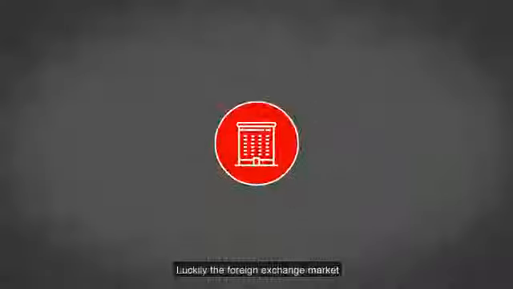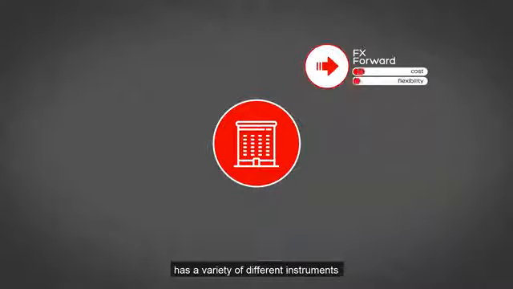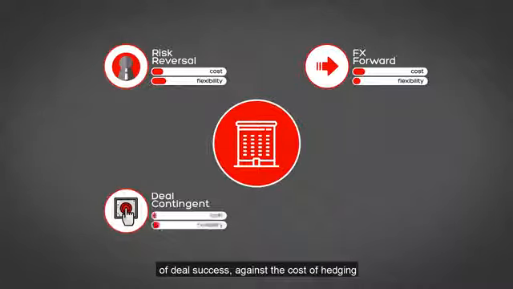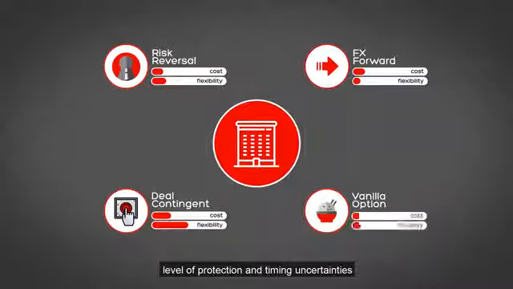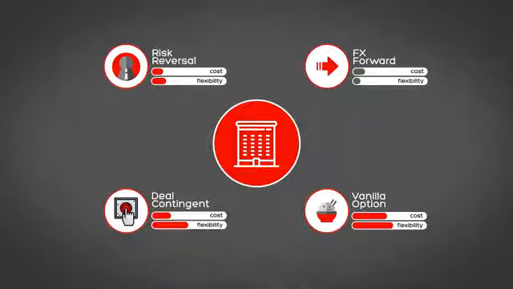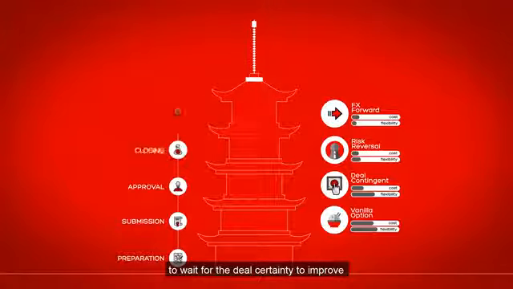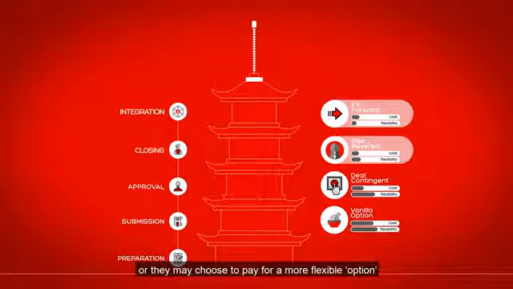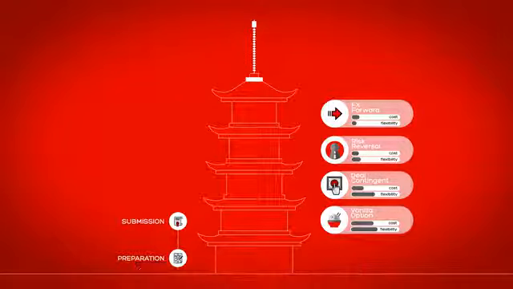Luckily, the foreign exchange market has a variety of different instruments that a company can use to balance the probability of deal success against the cost of hedging, level of protection, and timing uncertainties. A company may choose to wait for the deal's certainty to improve before entering into a more fixed product, or they may choose to pay for a more flexible option.